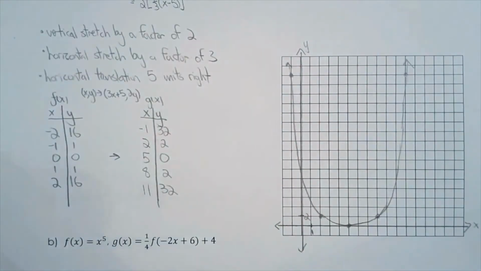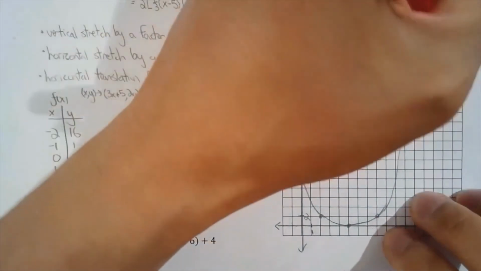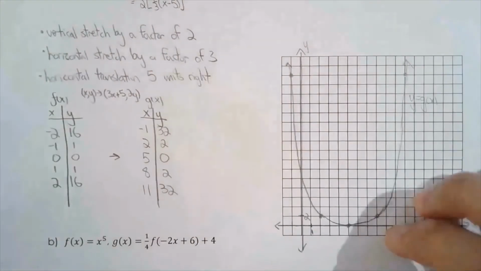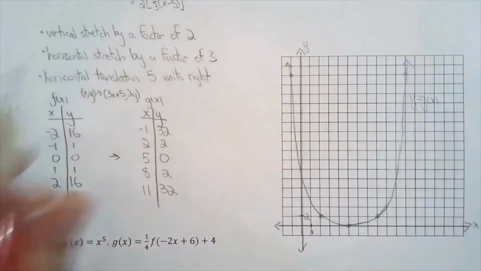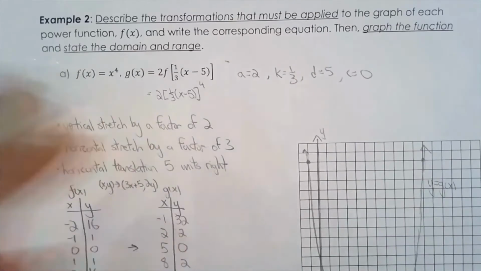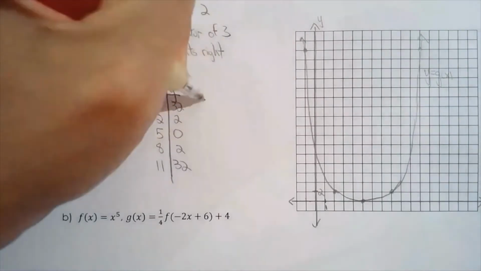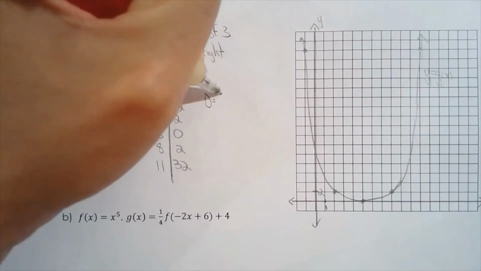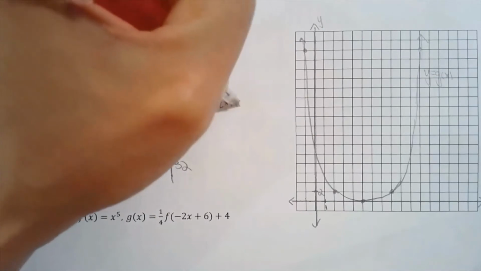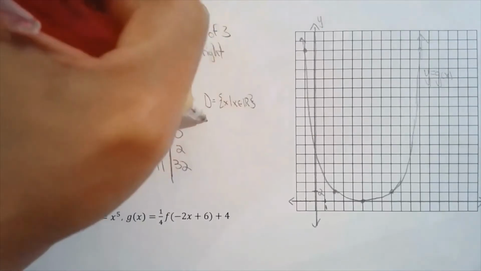Beautiful. So they want me to state the domain of the transformed function. I wasn't very clear, but I definitely want the domain of g of x. I don't really care about the domain of f of x, because I expect you to know how to state domain and range of power functions. That's pretty straightforward. Domain, easy peasy, always all real numbers.